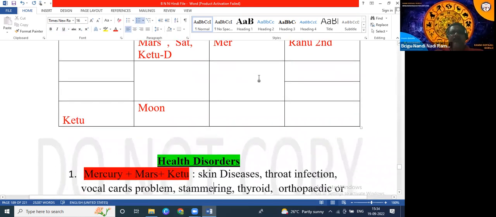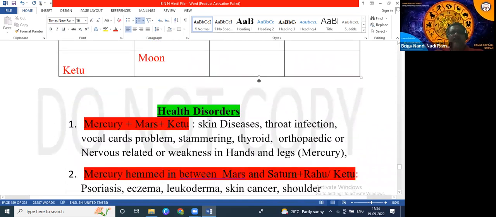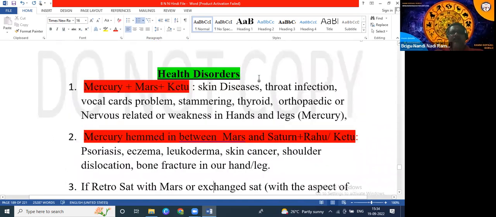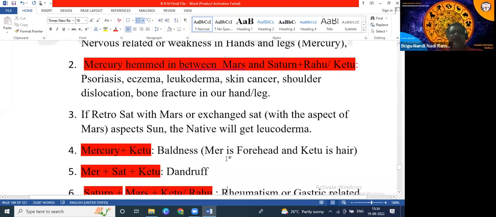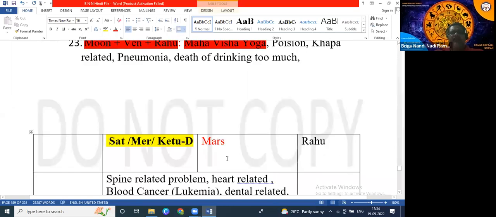Next, if retro Saturn is with Mars, or exchanged Saturn with the aspect of Mars aspects Sun, the native will get leukoderma. So you will understand this rule. Leukoderma is white patches on the face and body. Let us take one example so that you will understand better.